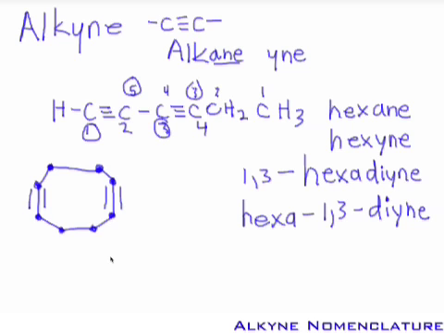Well, if this was an alkane with no triple bonds, 8 carbons, an 8-carbon chain is an octane. In a ring, it's a cyclooctane. This would be a cyclooctyne if it had 1 triple bond. With 2, it becomes a cycloocta-diyne.